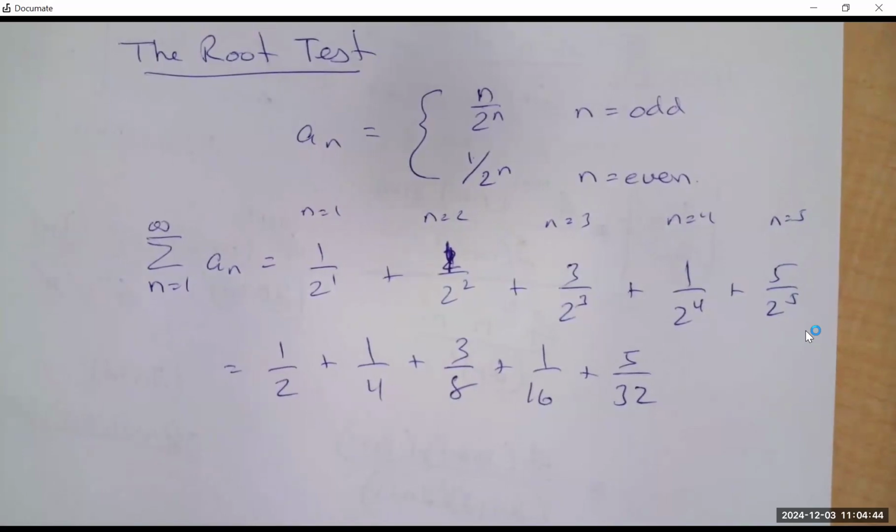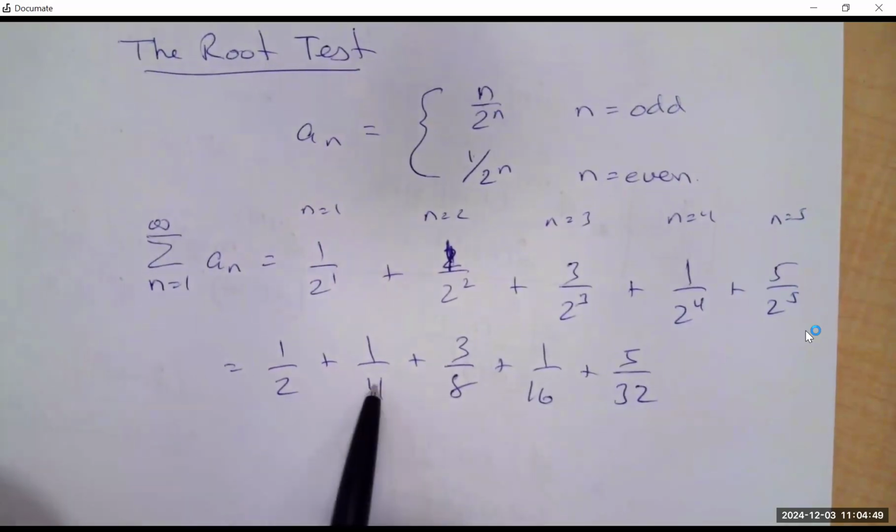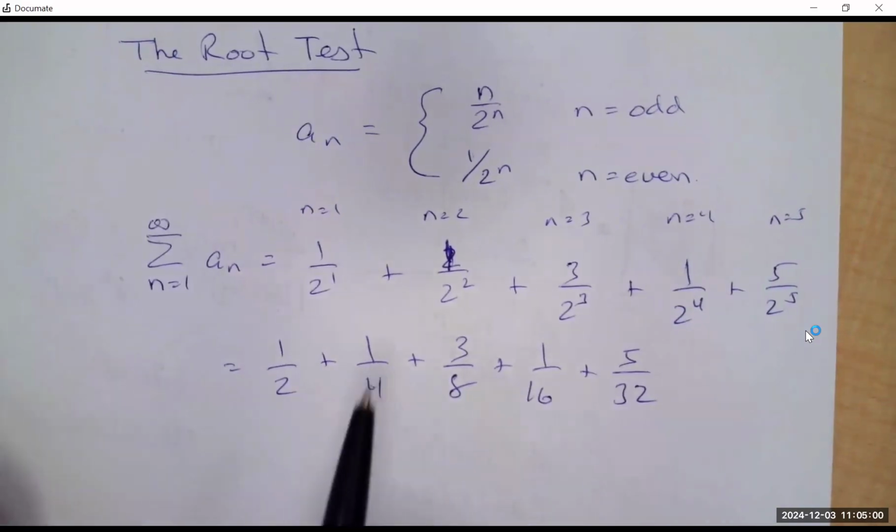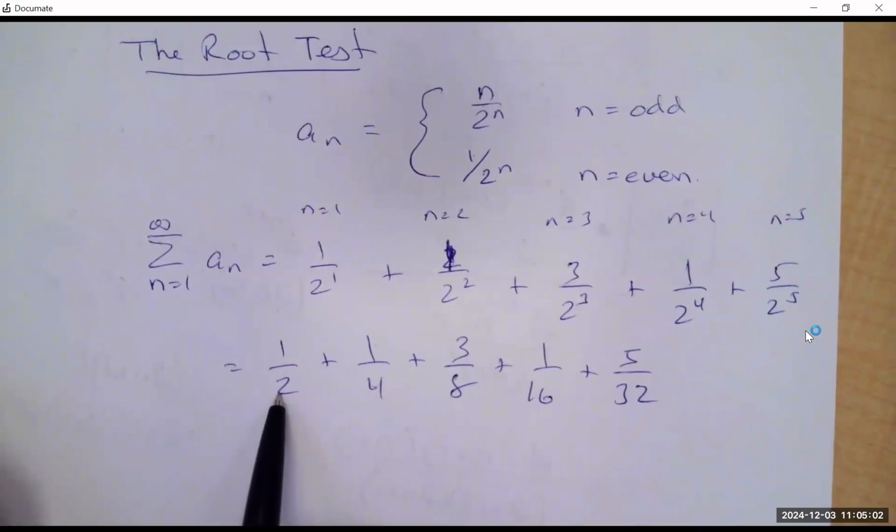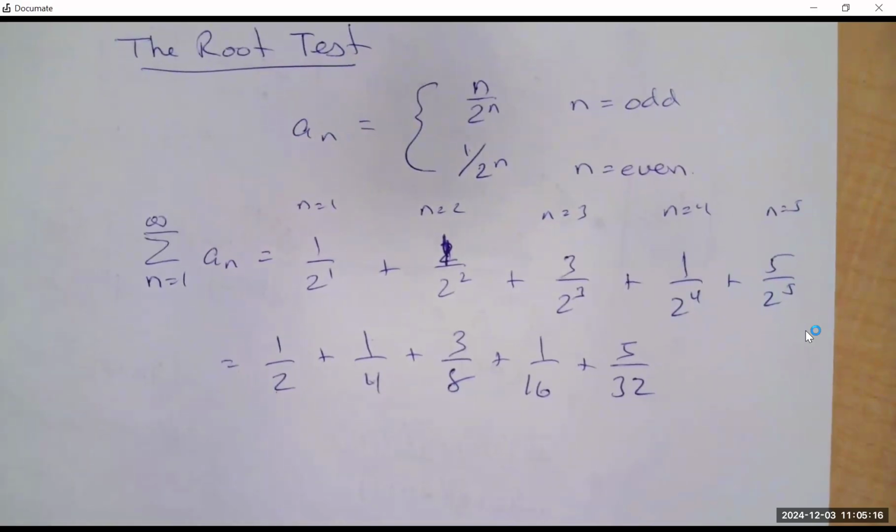Is it an arithmetic sequence? No, because if we subtract each of these individually, we won't get the same difference. So it's not arithmetic. Is it geometric? Does it have the same ratio? No, because 1/4 divided by 1/2 is 2. But 3/8 divided by 1/4 is not 2. So it's not geometric or arithmetic. So what do we got to do? So we have to look at what we have so far.